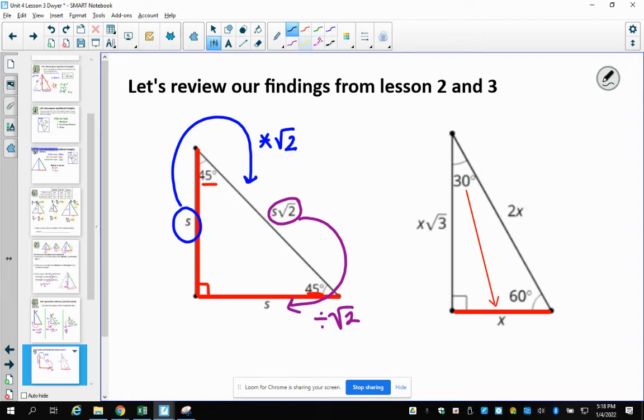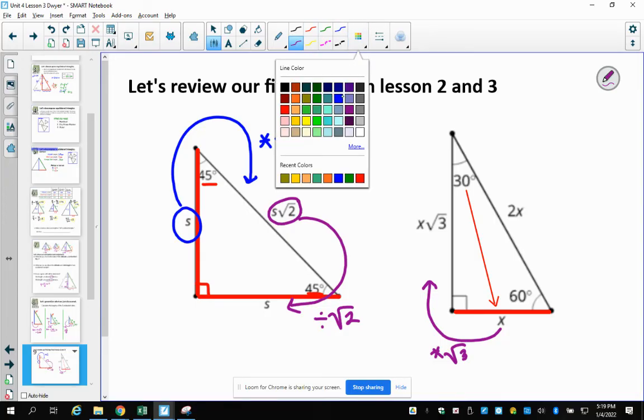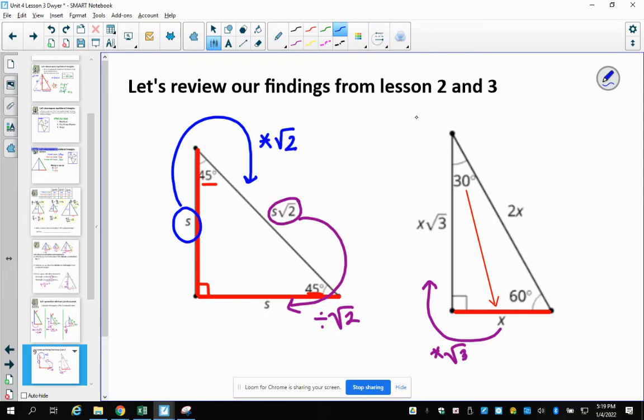If you have that short leg, you can multiply it by square root of 3 to get the altitude or the longer leg. So to get this one, multiply by square root 3.